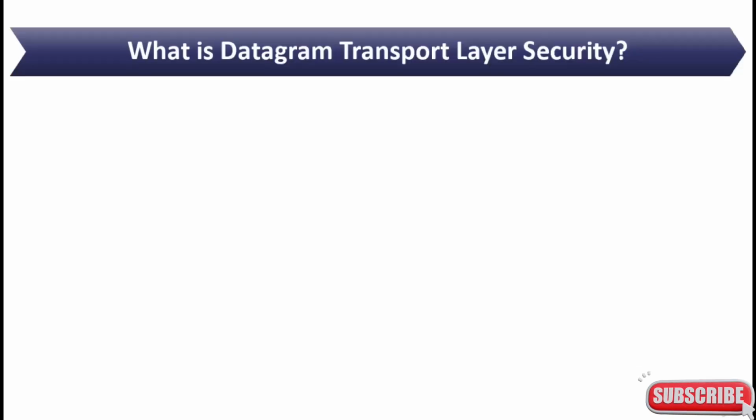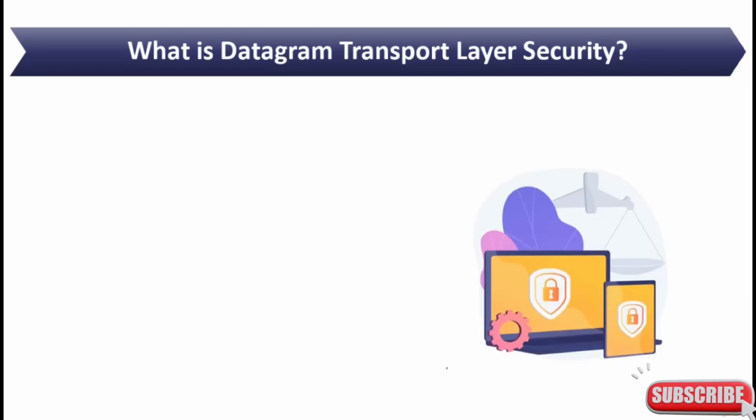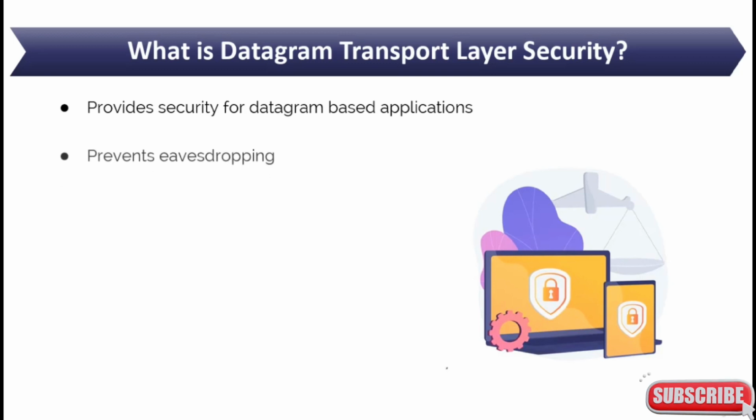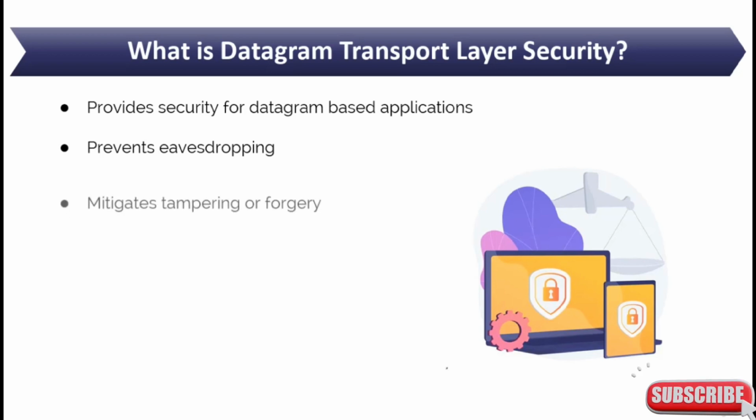Now let us have a look at some interesting security protocols or tunneling protocols. The first one is the Datagram Transport Layer Security protocol, that is the DTLS protocol. This protocol provides security for datagram based applications by allowing them to communicate in a way that is designed to prevent eavesdropping, tampering, or message forgery.